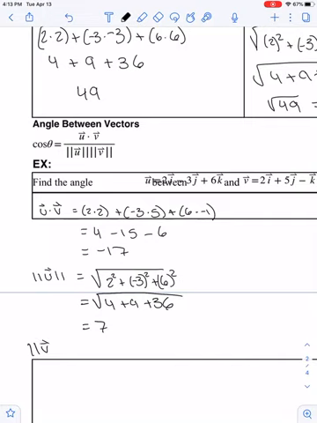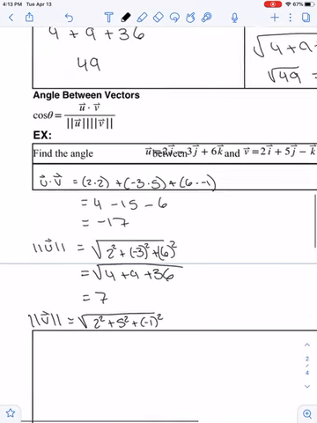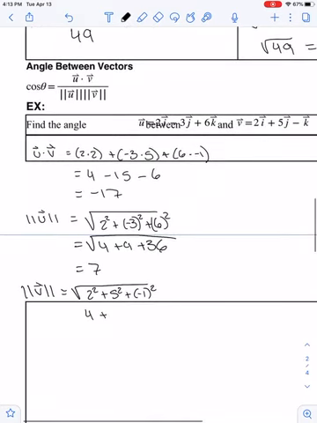And then the magnitude of v would equal the square root of 2 squared plus 5 squared plus negative 1 squared, which is 4 plus 25 plus 1, which is the square root of 30.